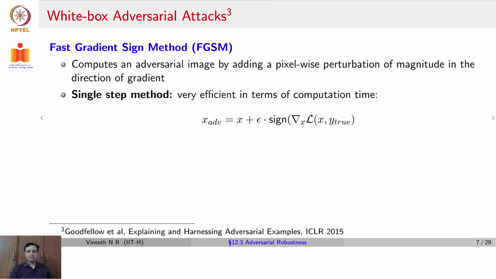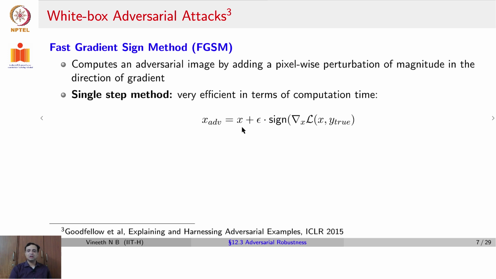So in this single step method, you add a perturbation, x is the original image, you take the gradient of the loss with respect to x, find the sign and add an epsilon in the direction of that sign. Remember that the gradient would actually be a vector with respect to each input dimension. So for each of them you would have a sign.